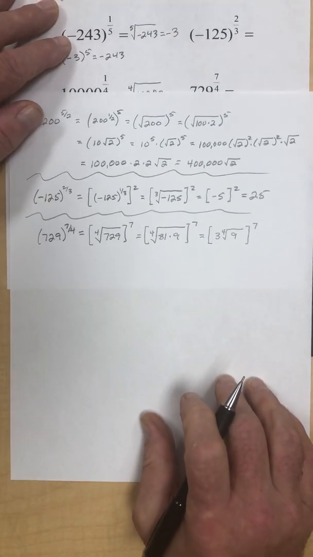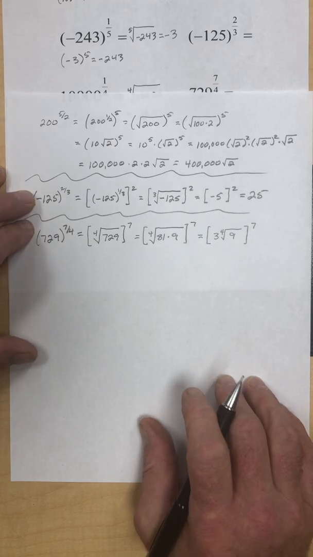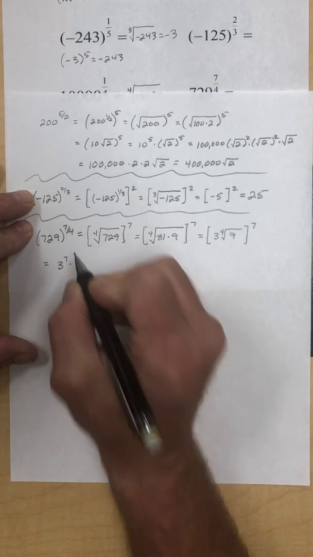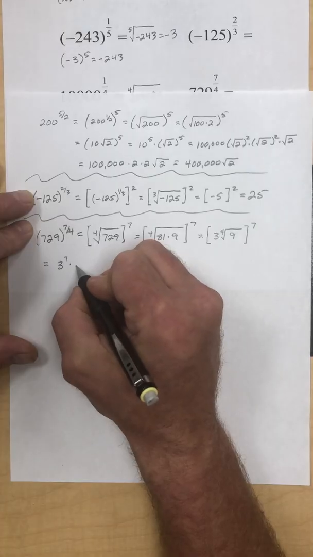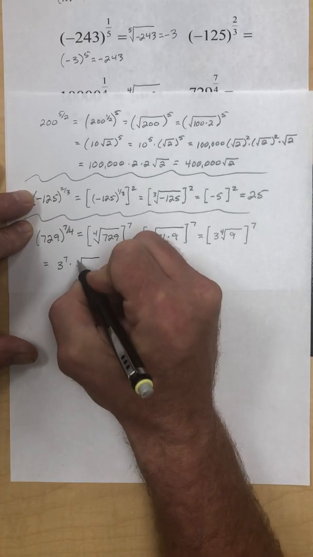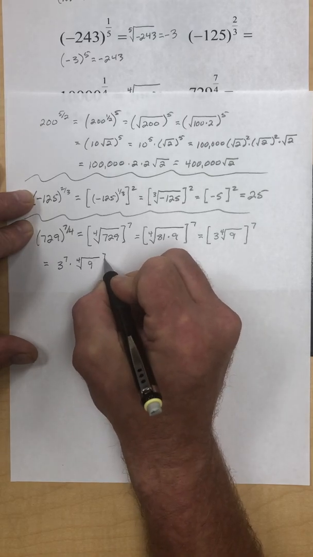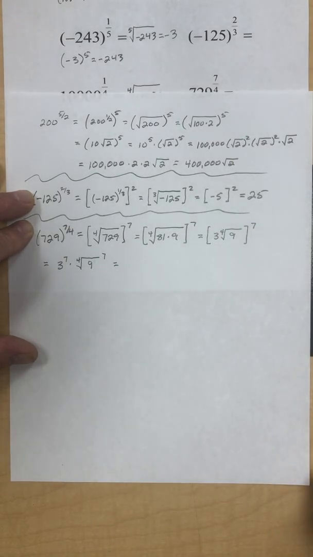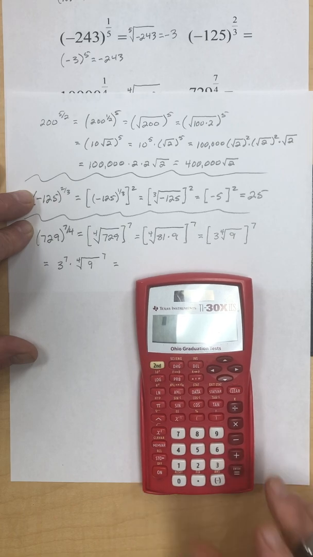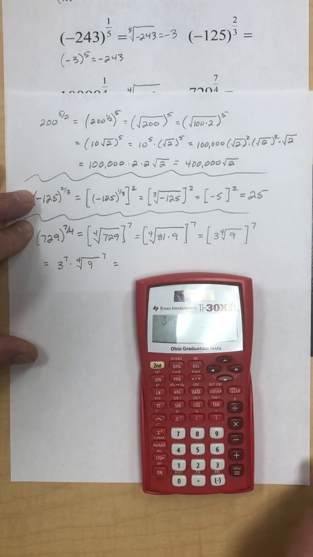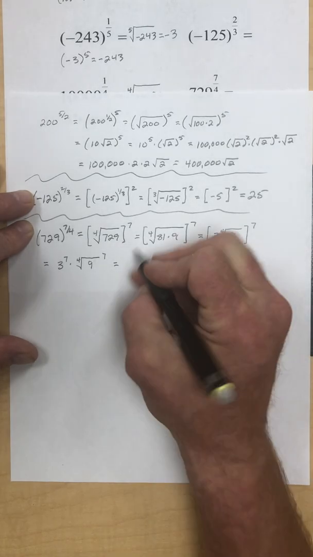So I'm going to have 3 to the 7th, and then the 4th root of 9 to the 7th power. 3 to the 7th, that's got to be a relatively large number. 3 to the 7th power is 2187.